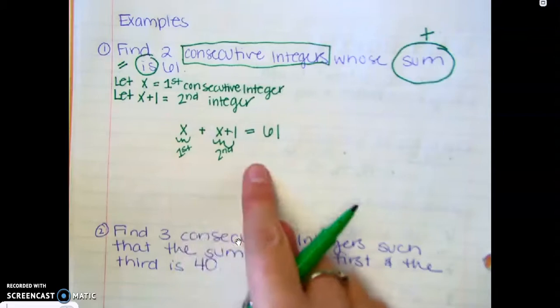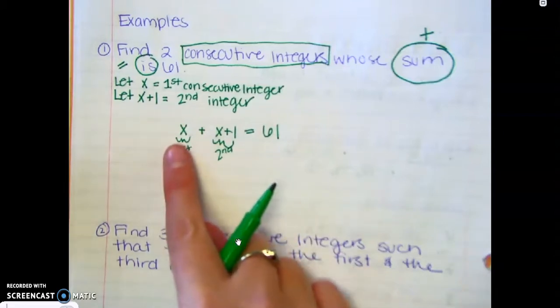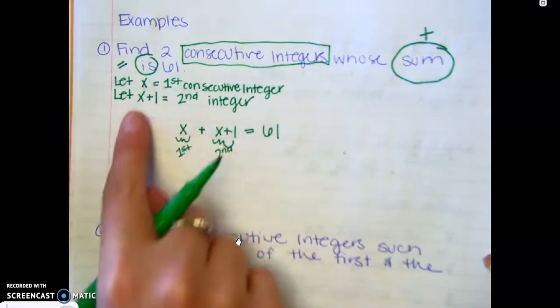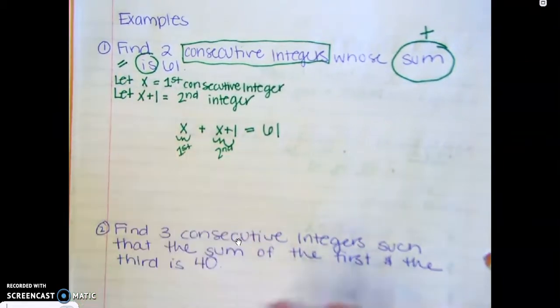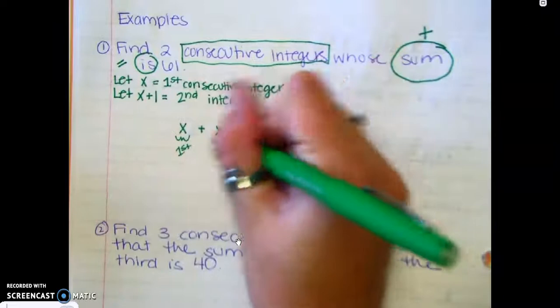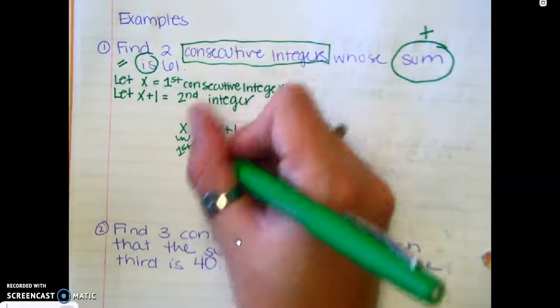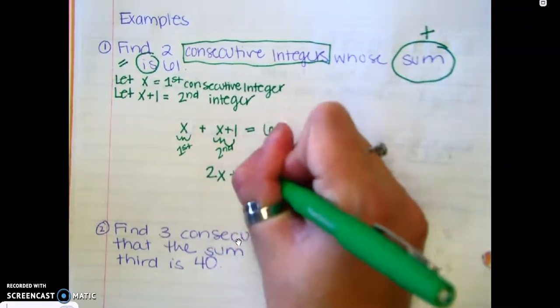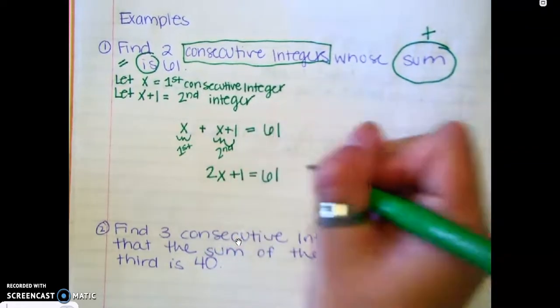That's my whole equation. Notice how I have 2 x's because I have to add these both separately. Now I can combine like terms. x plus x is 2x, plus 1 is 61. And now I can go ahead and solve.